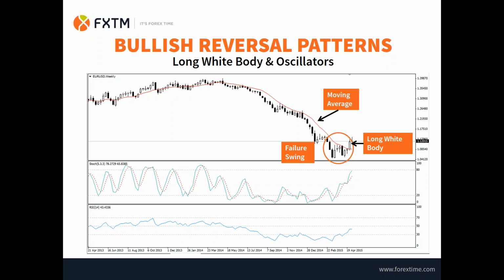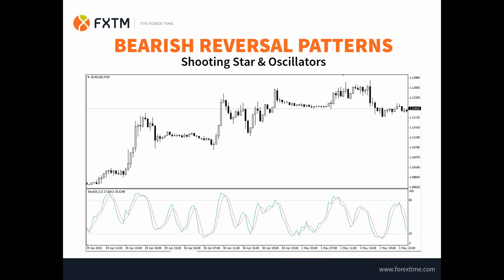You know that is my favorite price pattern, a failure swing. And you have your oversold oscillators. All right? So now you feel confident to take the buy sell, pardon me, the buy order. Okay, guys, I apologize for that. You feel confident to buy. All right? Excellent. We go on.